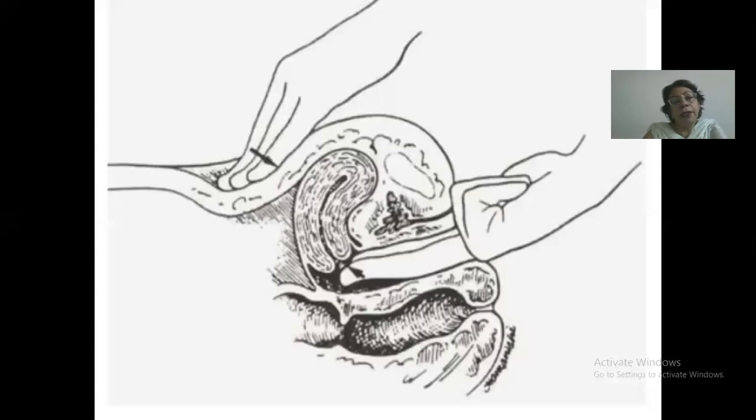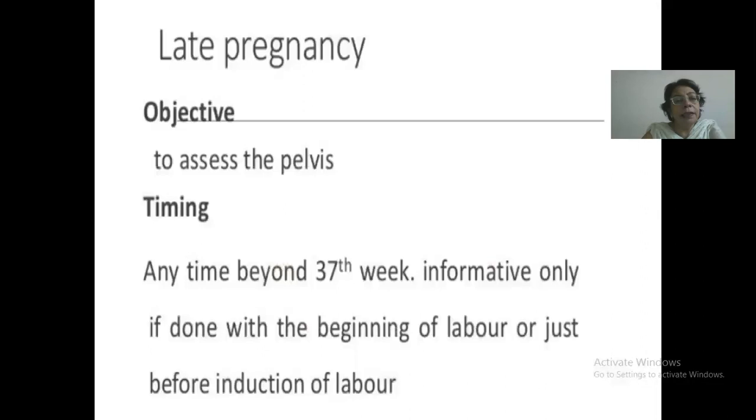Now, this is the bimanual examination being done. Your right hand fingers inside the vagina, and there you are just above the symphysis pubis, and you elicit the Heger's sign.